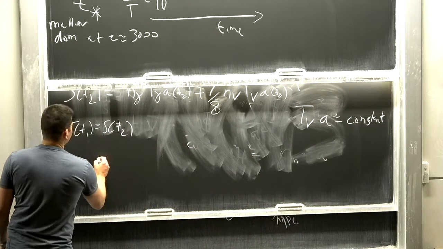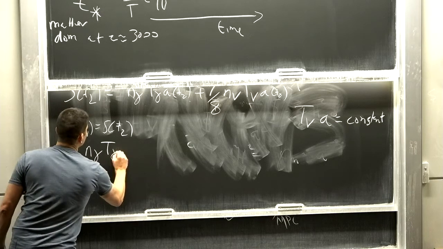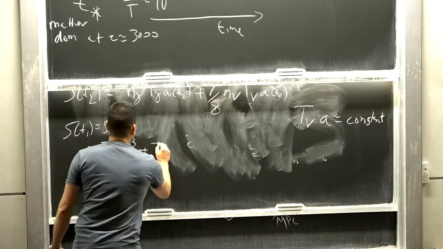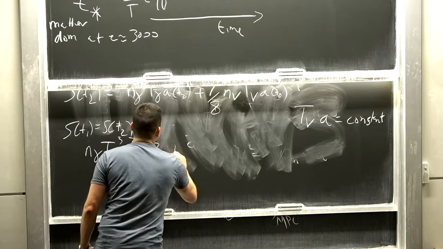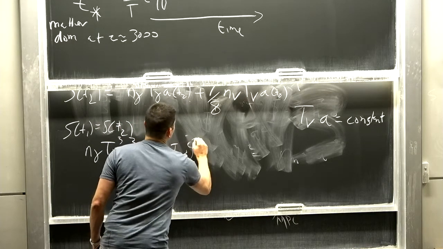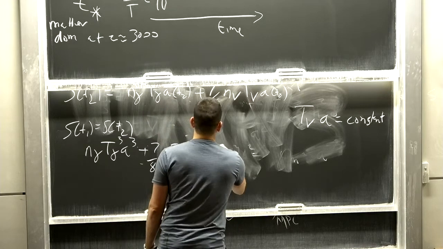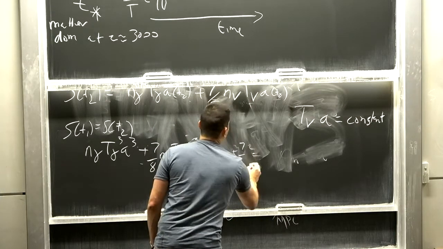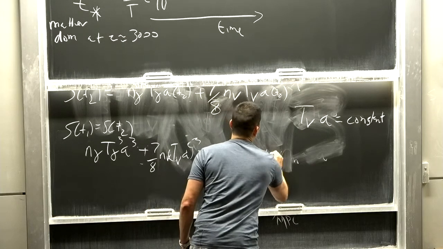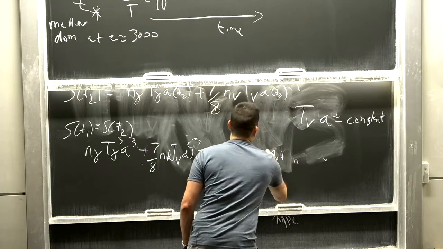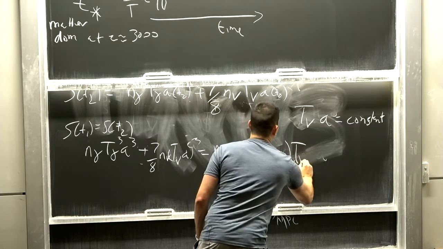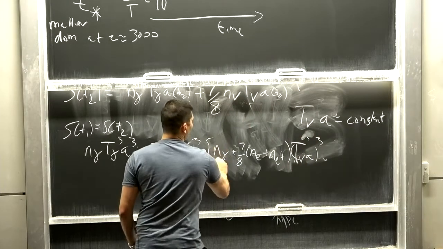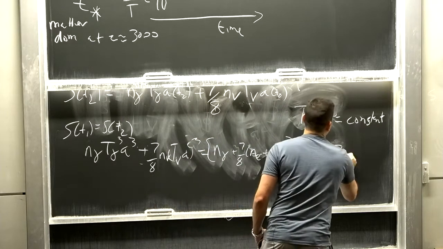If we write this out, we'll just put this factor in so we can see it cancel. And then that's equal to, and then we had this extra factor that I stripped off.